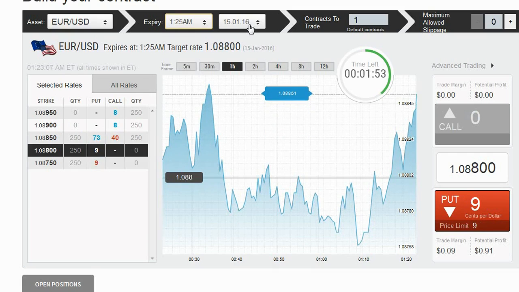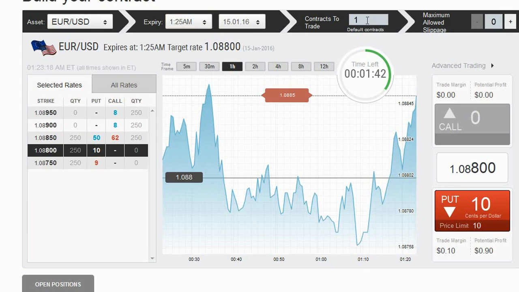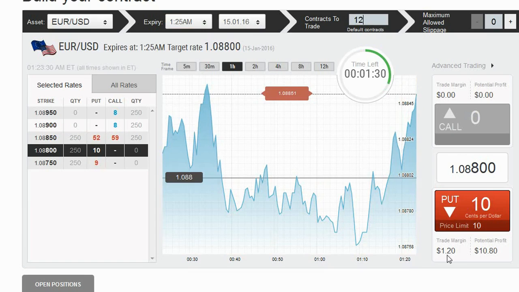Next, we've got the date, which is self-explanatory. Then we've got how many contracts do we want to put on. As you type in contracts here, you're going to see the multiple, how much these contracts would cost.